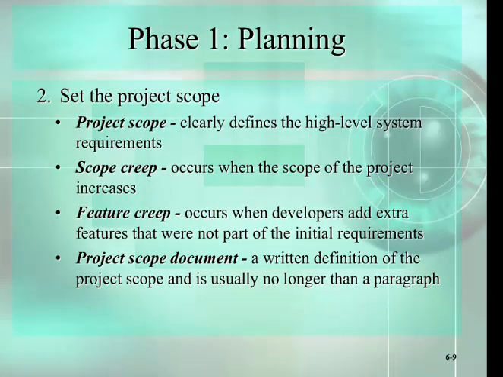Project scope clearly defines the high-level system requirements. Scope creep occurs when the scope of the project increases. Feature creep occurs when developers add extra features that were not part of the initial requirements. A project scope document is a written definition of the project scope and is usually no longer than a paragraph.